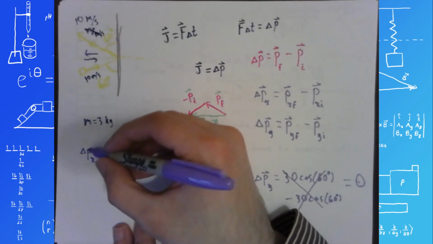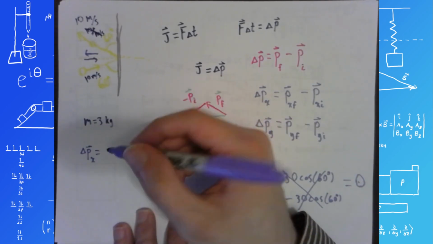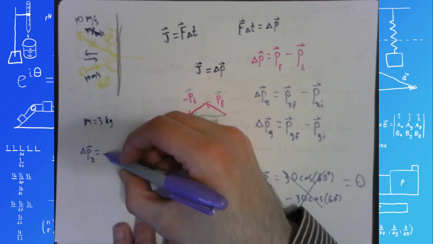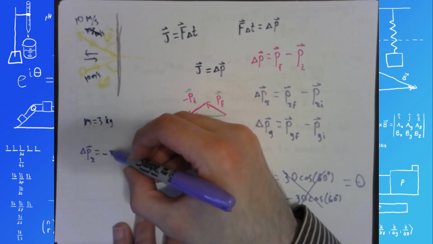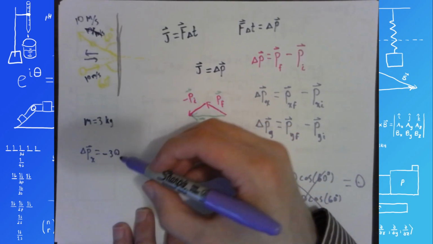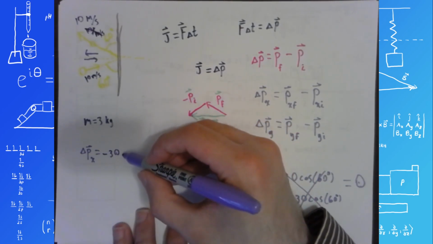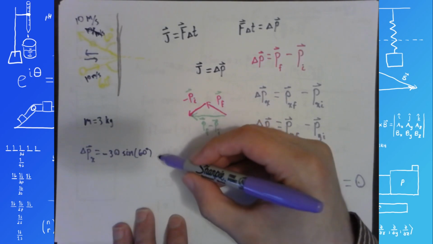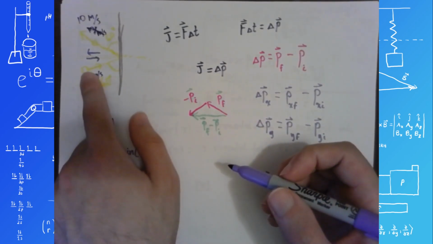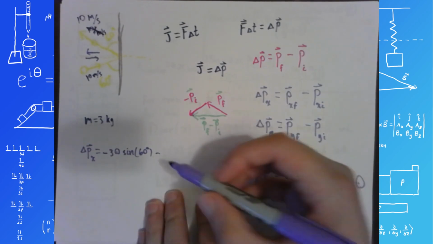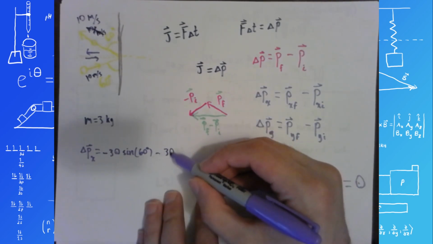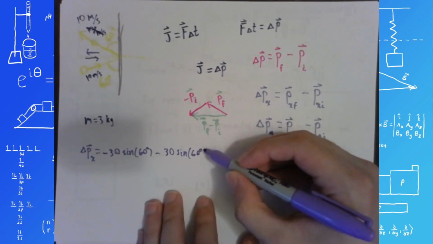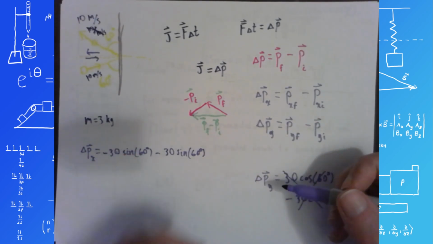Change in momentum in the x direction equals, for momentum final, I guess I'll define left as negative here, negative, we said the momentum was 30 kilogram meters per second times sine of 60. And then minus momentum in the x initial is going to be positive 30 sine of 60, since the initial x component of the momentum was to the right.